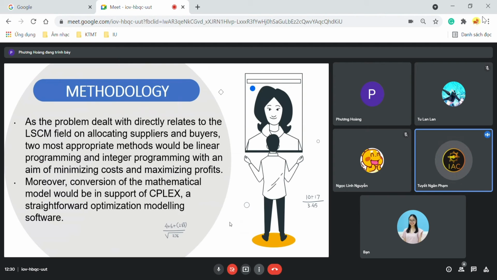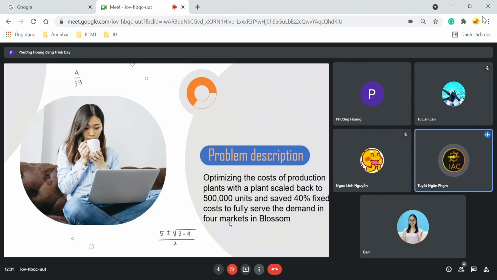Moreover, so as to apply these methods at the finest, support of CPLEX, a modeling software, would also be utilized. It provides appropriate outcomes and has a simple interface. And for further description of the model, let's move on to the next one, problem statement.